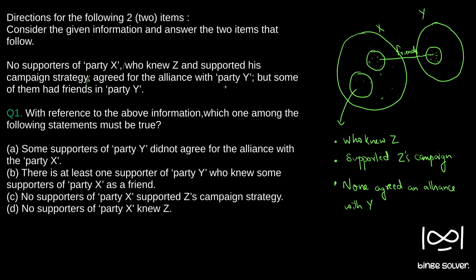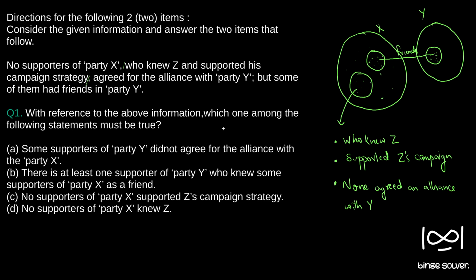But if you do many problems in the UPSC preliminary examination, it looks like the examiner wants us to assume that this is true. That is, there are people who knew Z and supported Z's campaign, and there are people who knew Z and may not have supported Z's campaign. All such cases you have to assume.